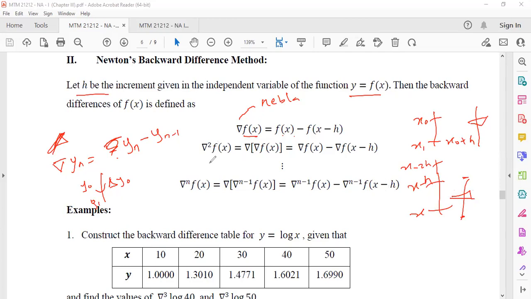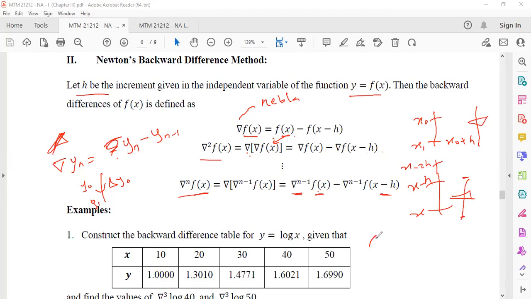Okay. Again, nabla squared f(x) is equal to nabla times nabla f(x), which is equal to nabla of, so you can substitute this one here. So nabla f(x) minus nabla f(x minus h). So in that way, you can define the general one. Okay, nabla^n f(x) will be one order less than f(x). So this is the thing that differs from the forward.